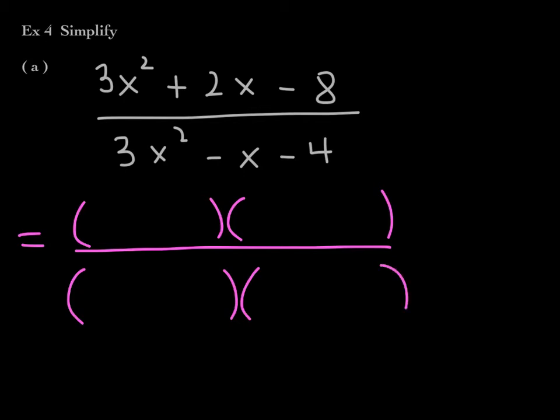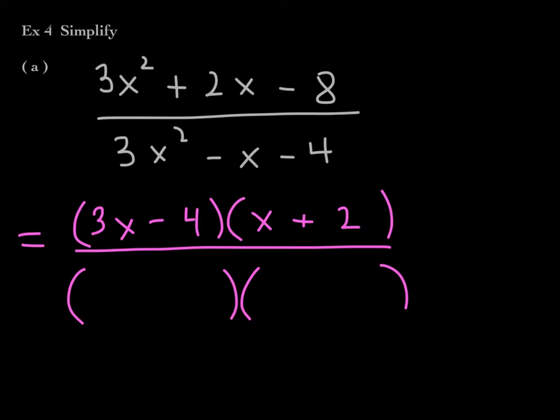The numerator will factor as 3x and 1x, correct? And then you want to use factors of -8 and somehow end up with +2, okay? So what if we put the 4 here, a 4 here and a 2 here. Make this plus, and then a minus. Let's check this factorization.